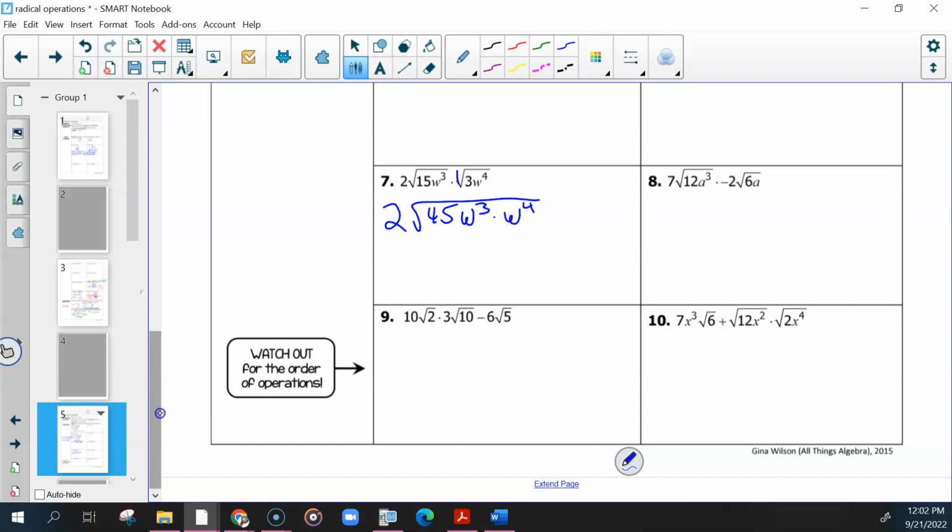So again, this is not something we've really formally talked about yet. But if you are multiplying the same variable, you're adding the exponents. So this is going to become just w to the 7th. Can we simplify the square root of 45 times w to the 7th more?